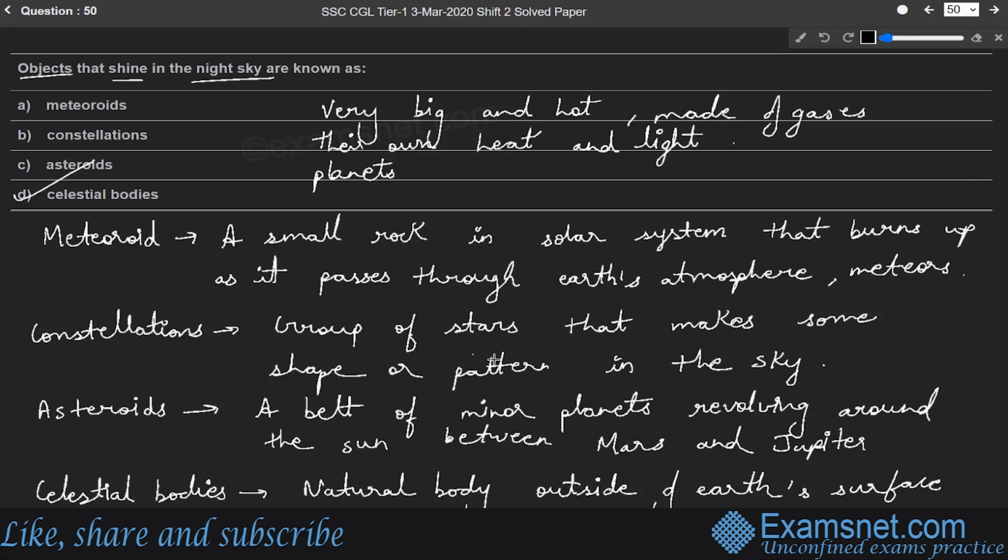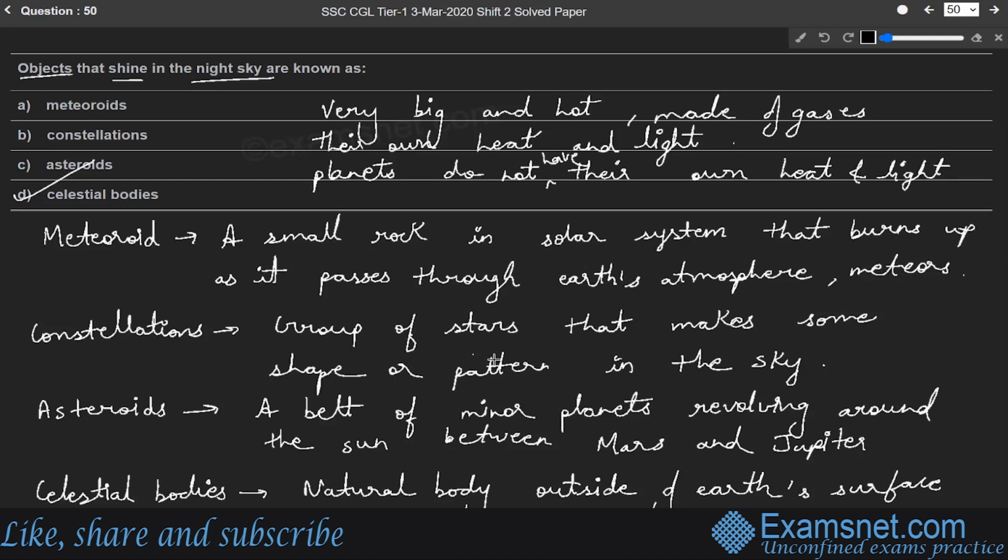Planets are also celestial bodies, but they do not have their own heat and light. And celestial bodies are also known as stars. Like the sun is a star. So the celestial bodies are the sun, moon, and all the planets.